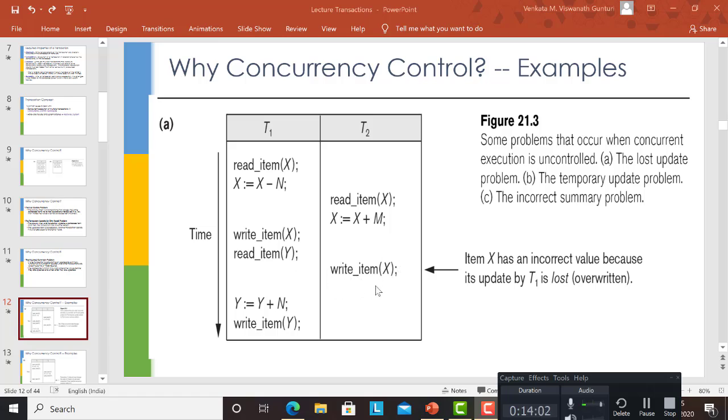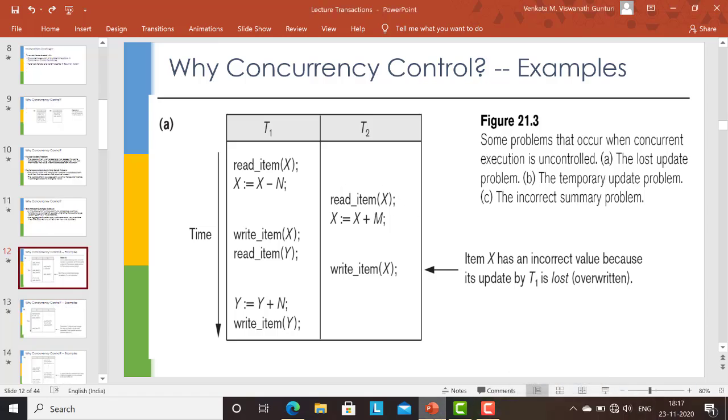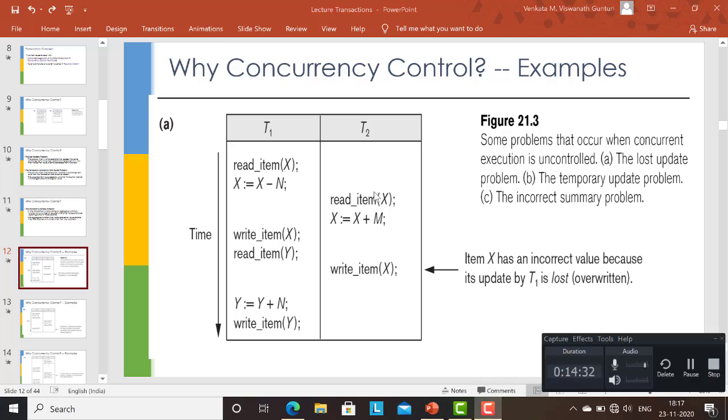When you perform this write operation on X, what has essentially happened is that this update of X getting decremented by N rupees is lost. This is called the lost update problem. So the reason this happened was that when we read this data item X, we read the old value of X only, right?